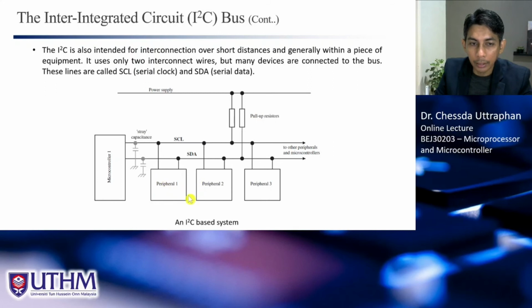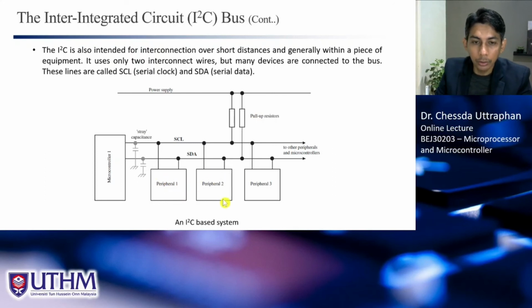But the peripheral can also be the output device, where we can write to it. For example, the LCD, where we send the data to display the data. So the LCD is the output device. The sensor, for example, the temperature sensor, we read the temperature data from the sensor.